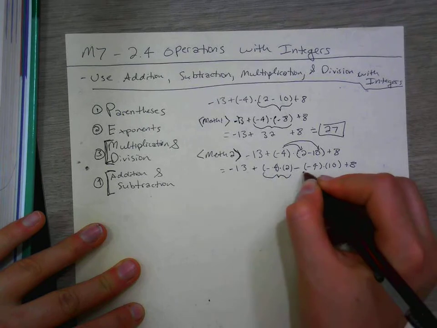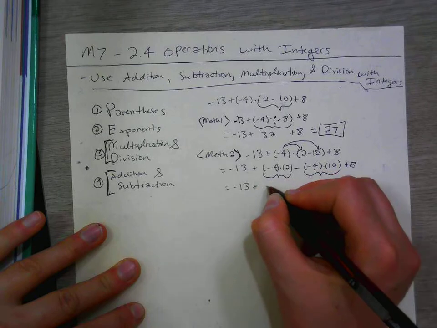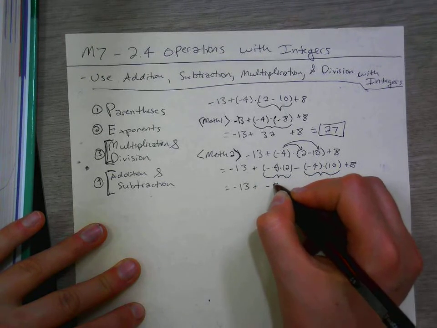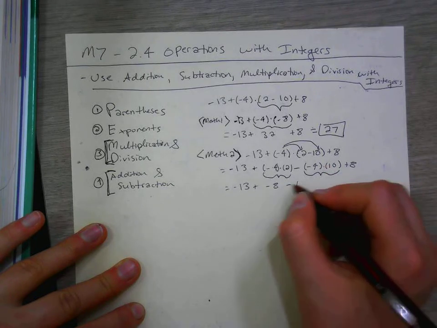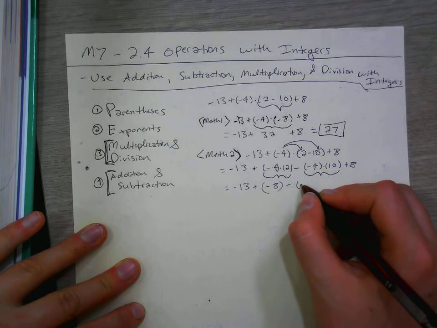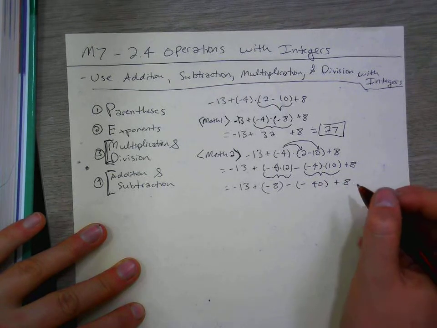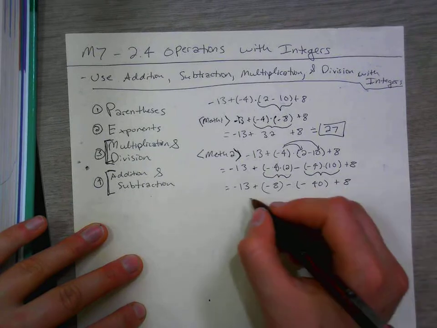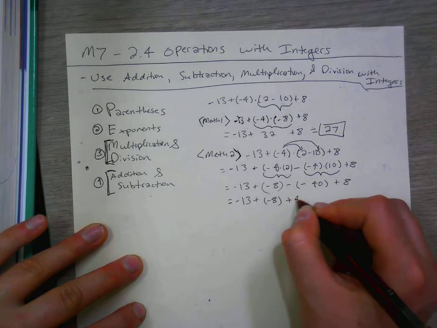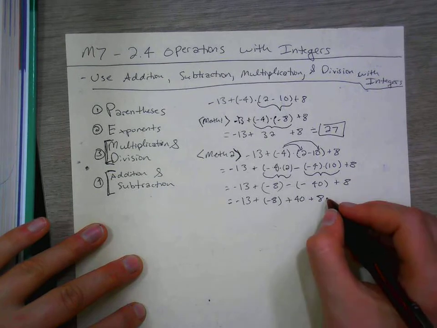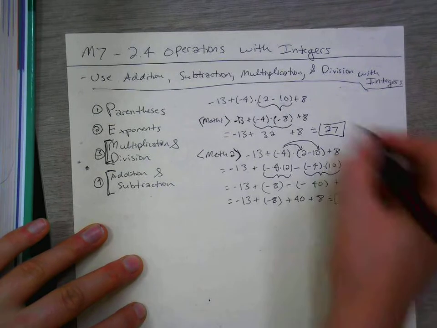Then we can combine the multiplication next, so it equals -13 plus -8 minus negative, remember signs are negative there, -40 plus 8. Now this plus the minus thing here becomes -13 plus -8 plus 40 plus 8, and that gives us a total of 27, same as above. Okay?